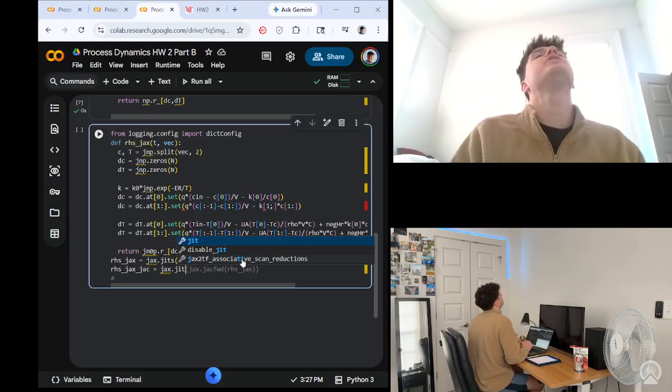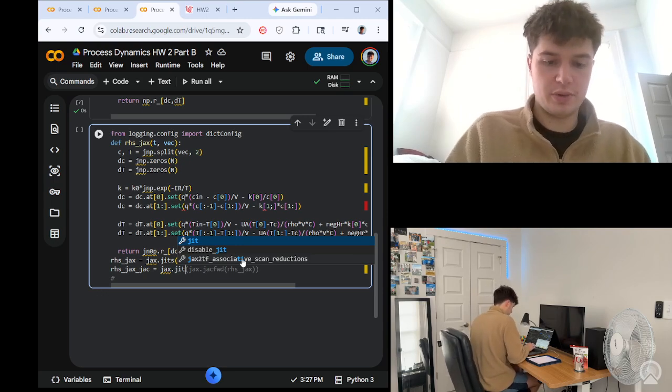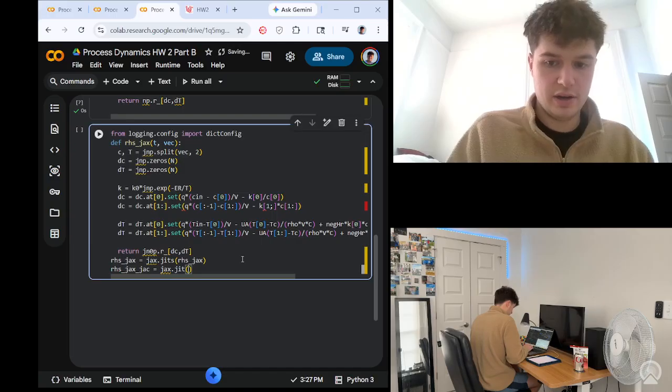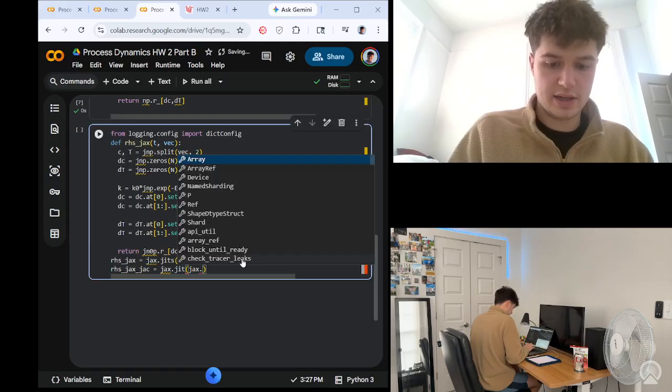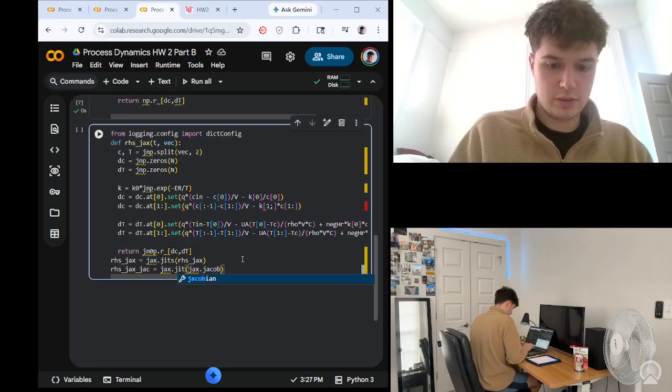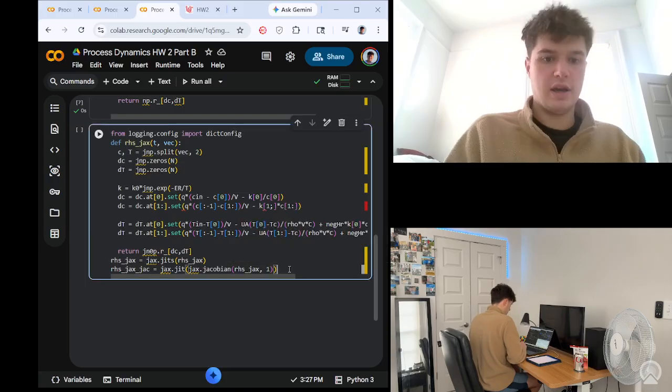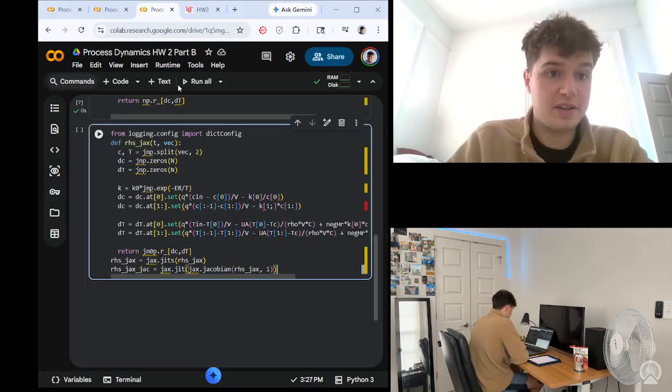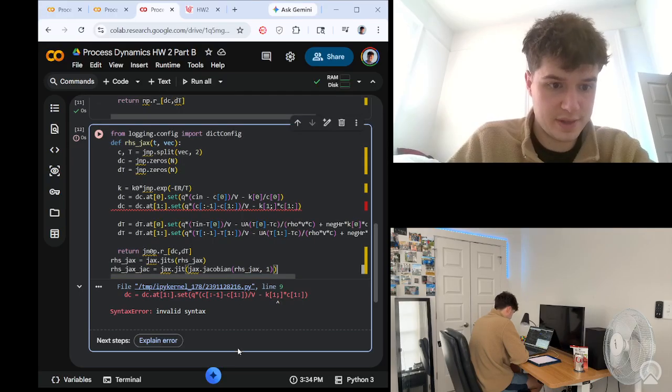And this final thing, we're going to be using Jacobian as we said before, so we will type that in here, which will be Jacobian. All right, let's run this and make sure it's working.